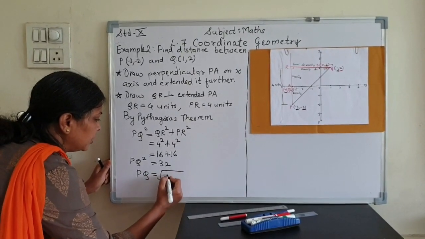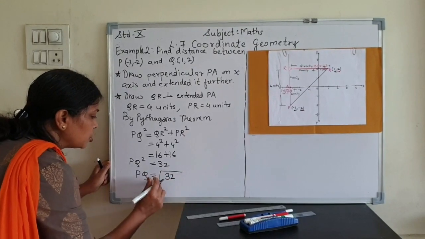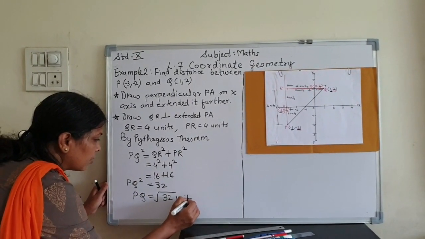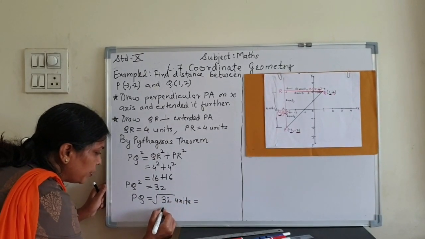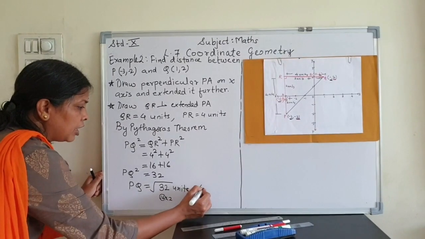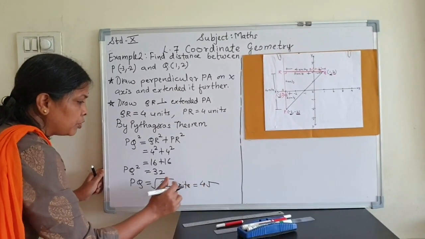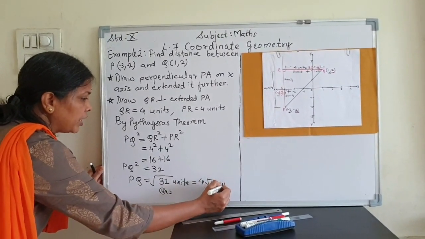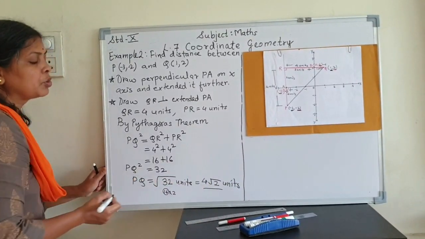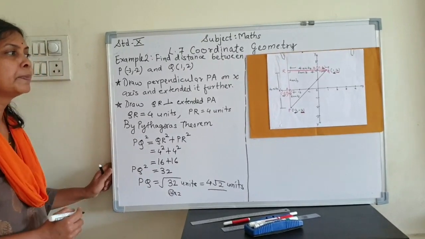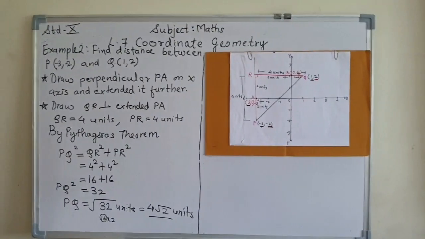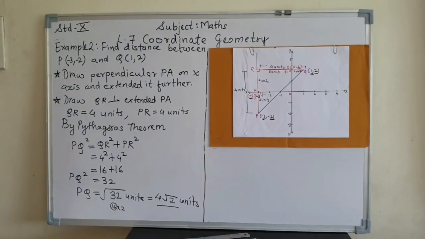Square root of 32 units. So if you see this 32 means 16 2s are 32. So this is a perfect square, comes out of square root sign, and this is how we get PQ is equal to 4 square root 2 units. Note this down.